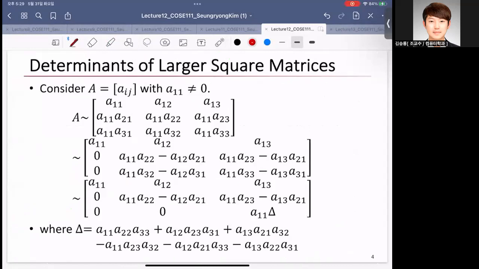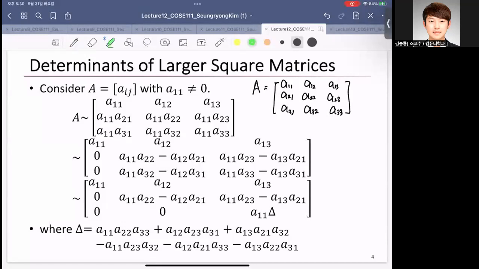To answer this, if matrix A is 3 by 3, with entries A11, A21, A31, A12, A22, A32, A13, A23, A33, then to find out determinant, we first row reduce this original matrix to the echelon form.